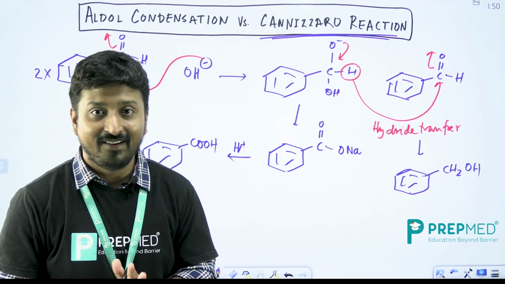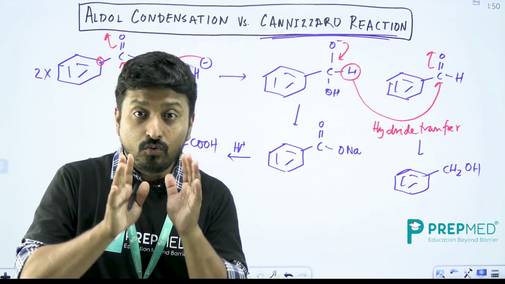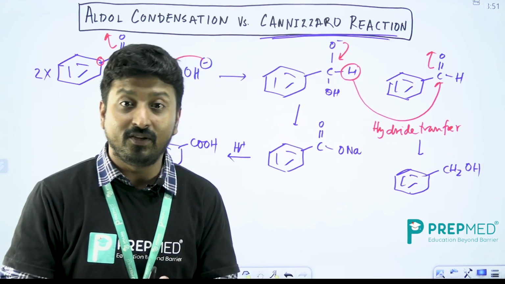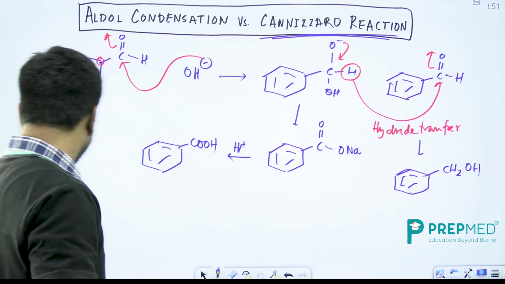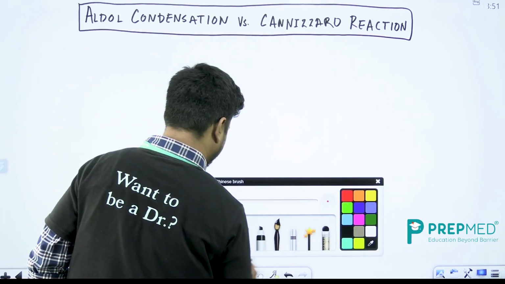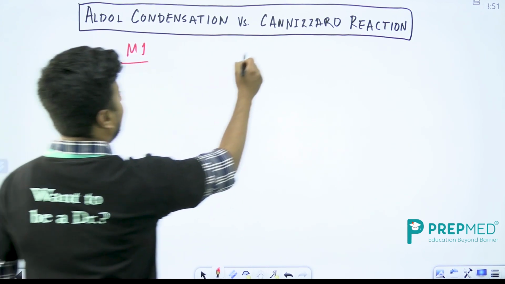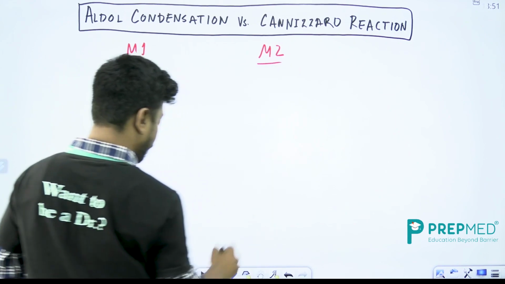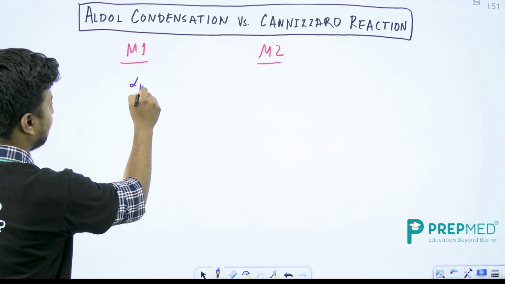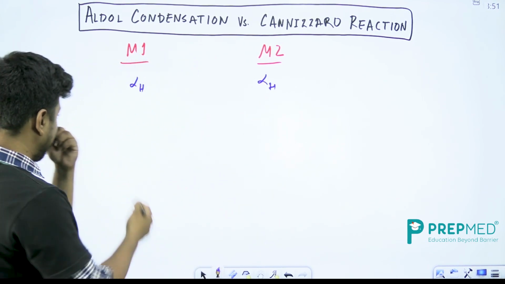But what happens if I have two molecules with no alpha hydrogen, or two molecules with, let's write this one, this third case. So what will happen if I have this particular case? Let's say this is my molecule 1 and this is my molecule 2. Now in this case you have alpha hydrogen, and here also you have alpha hydrogen, two different molecules having alpha hydrogen atoms.